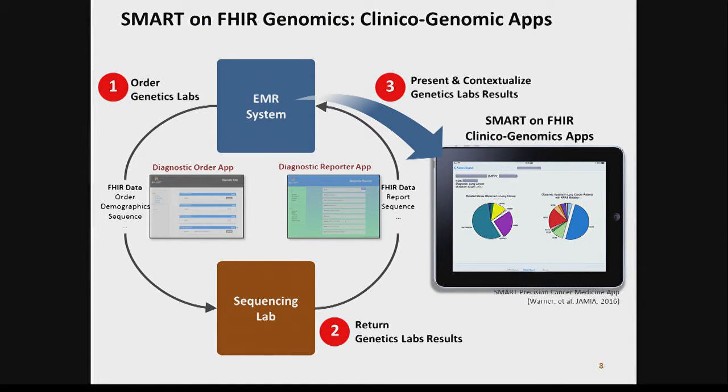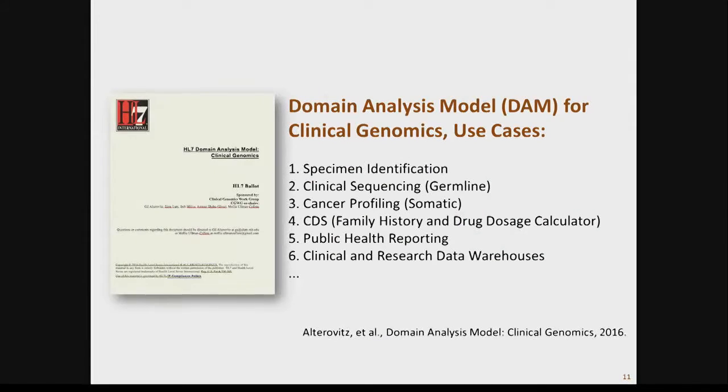So what we wanted to do was to have an ecosystem that allows for clinical genomic apps that include genomic information both at the EMR and at the laboratory and sequencing vendor locations, so that you could actually access and integrate clinical and genomic information. You could make an order for such information. You could get back reports of such information.